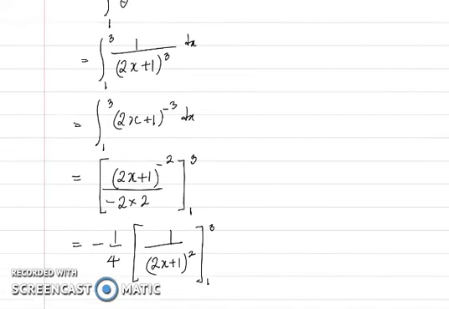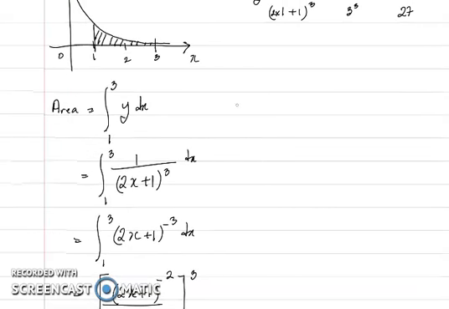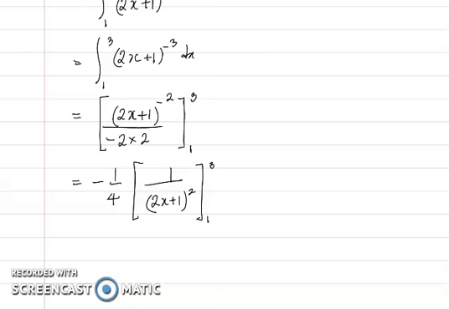All right, let's continue over here. So we could say that this area would be equal to minus a quarter. You're going to replace x with 3 and then replace x with 1.